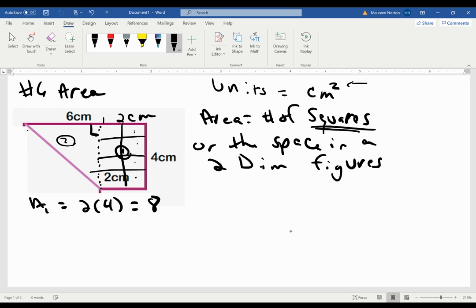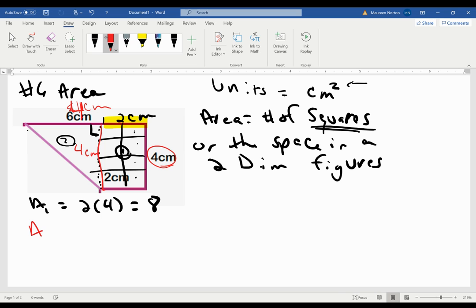The triangle, on the other hand, we'll call that figure 2. We have a half of the rectangle that we have. So we need to figure out if this part right here is 2, that leaves this other part over here to be 4 centimeters. The total is 6. So it's 4 centimeters. But the height here is the same as our 4 centimeters here.